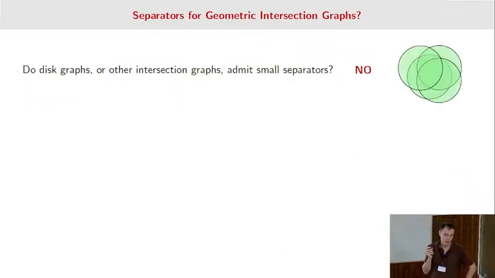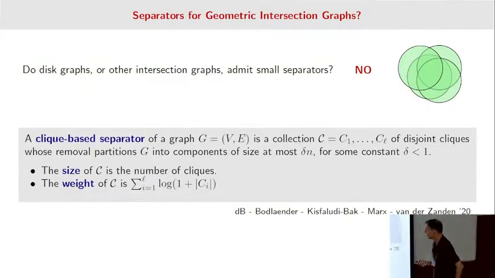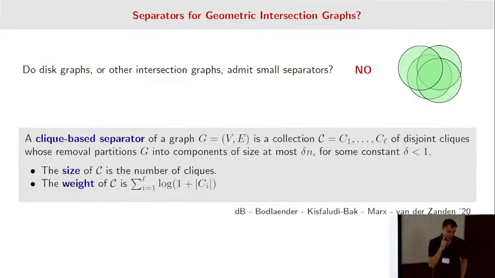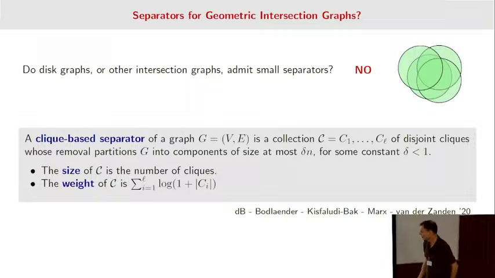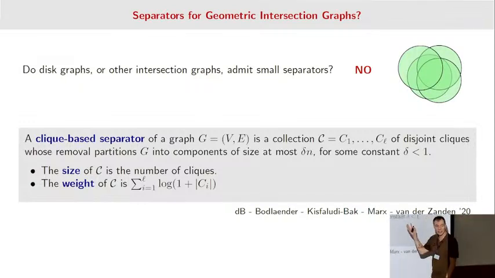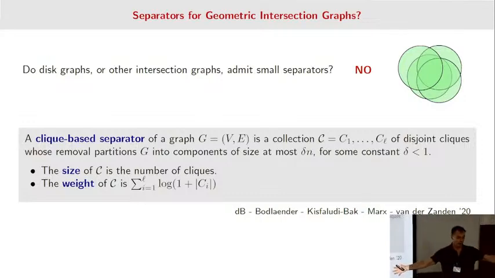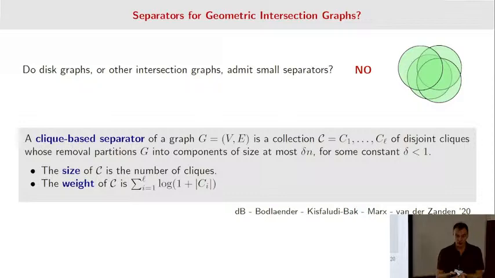So as I mentioned, for disk graphs you cannot have a small separator. But what you can have is a small clique-based separator. So what's a clique-based separator? It's exactly the same as before. It's a separator that separates your graph in a balanced way. But now the size of the separator is measured in terms of the number of cliques in the separator.